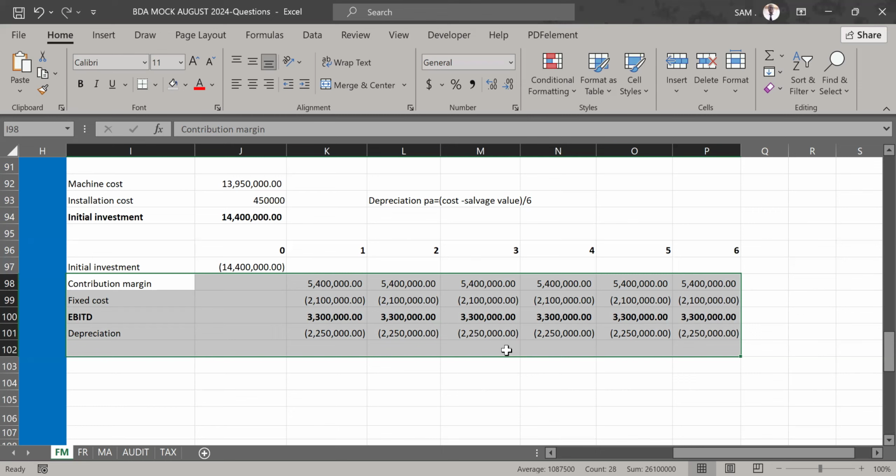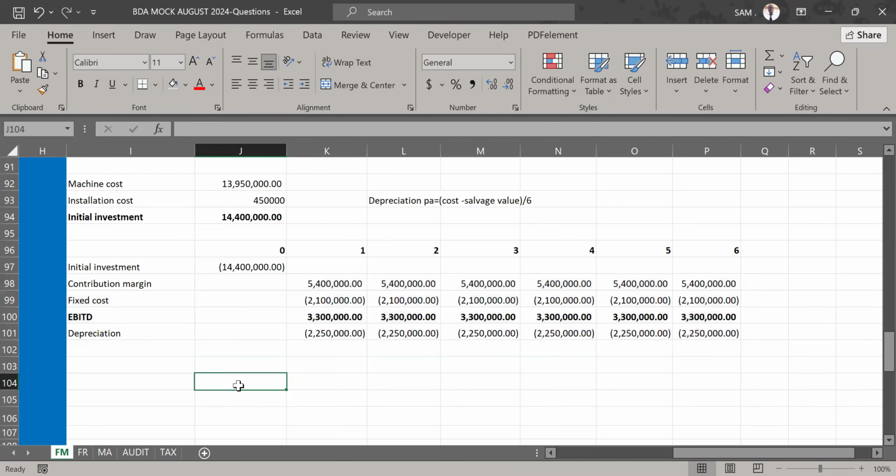Those are outflows. Then we look at the net effect. What will be the net cash flows at the end of the day? Because these are projected figures for the future, we will discount these expected net cash flows so that we get the value today. What is the value today? We are doing appraisal.